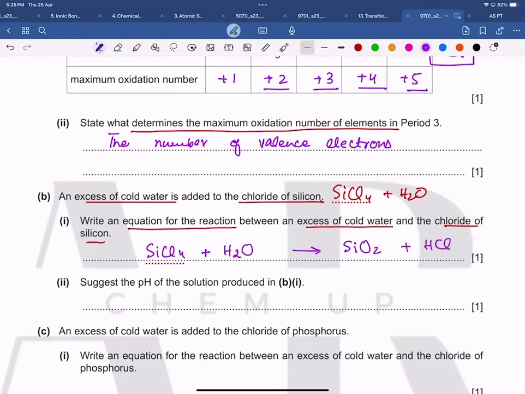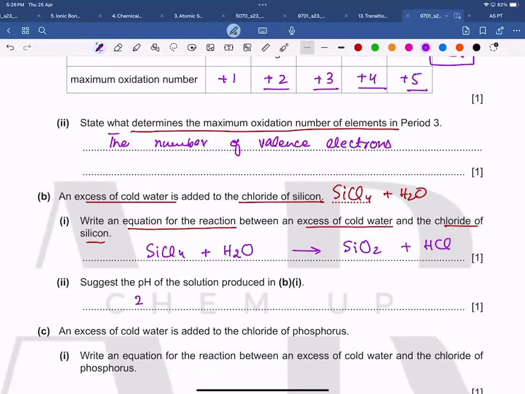If they ask you to suggest the pH of the solution produced, it can be 1, 2, or 3 because SiO2 is also acidic and HCl is also acidic. So let's write 2. What are the state symbols for SiO2 and HCl? Solid, aqueous. SiO2 is a solid because it's water insoluble, a giant covalent structure, and HCl is aqueous.